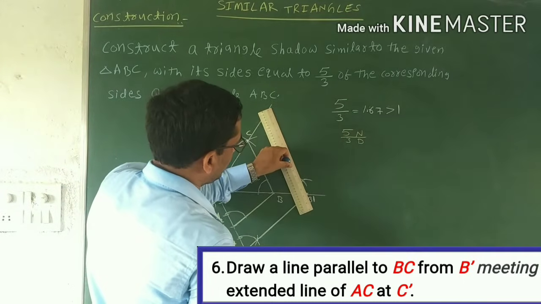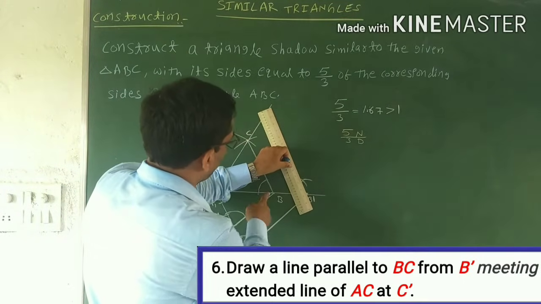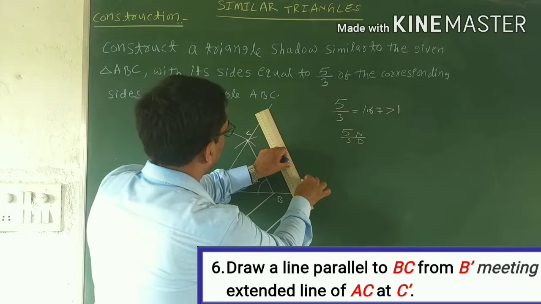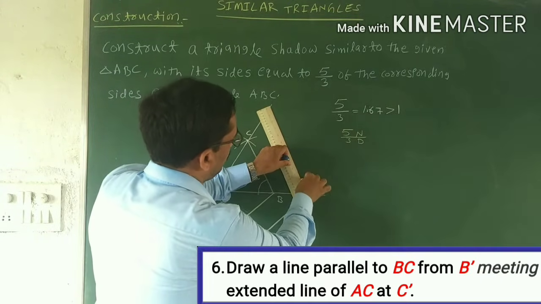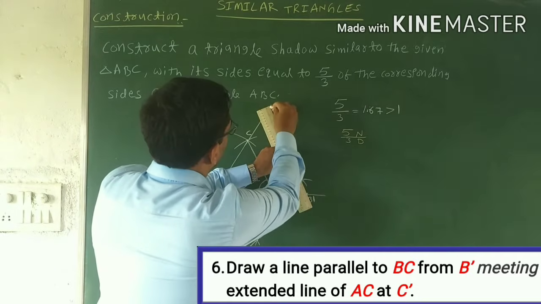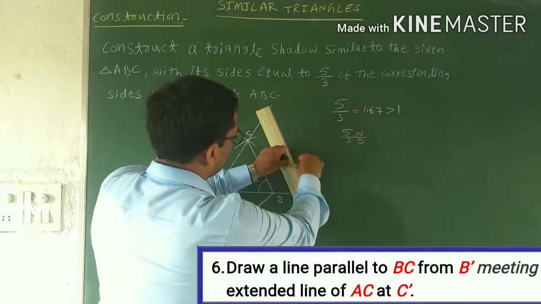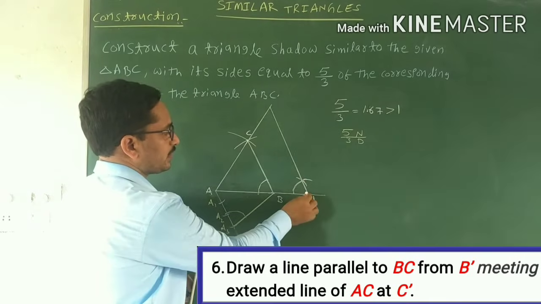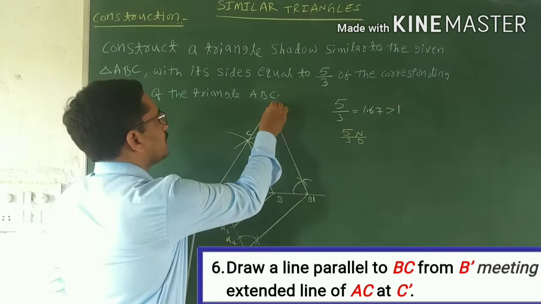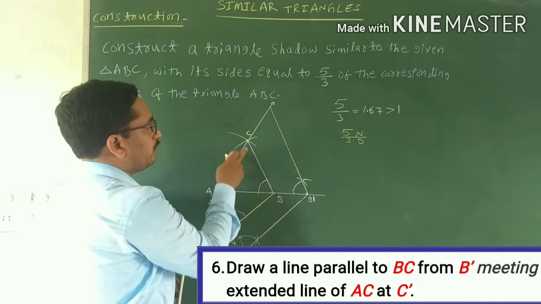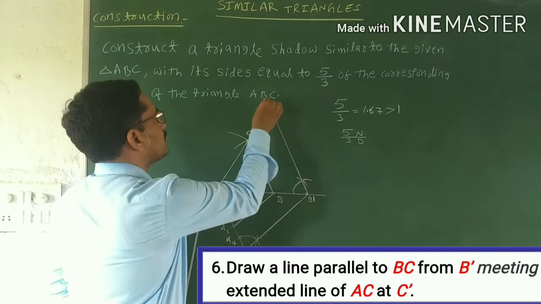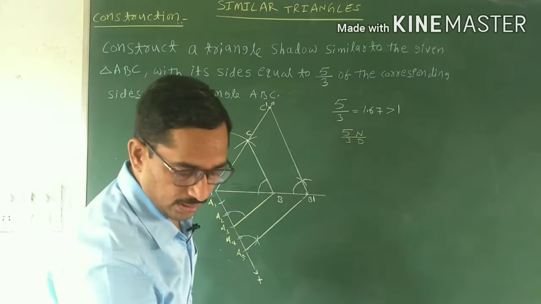Next, draw a line parallel to BC, passing through B dash and this point of intersection of the arcs. So like this, it is passing through the point of intersection of arcs and B dash. This is a line parallel to BC from B dash, and locate this point as C dash.